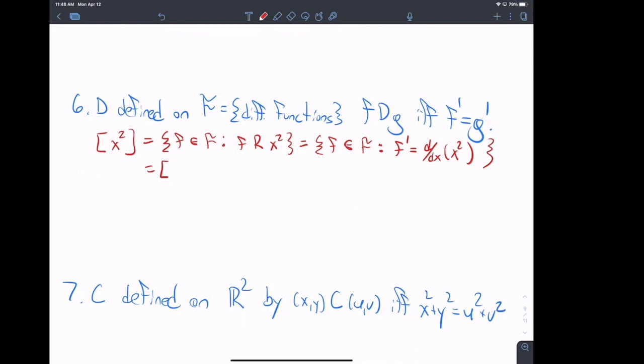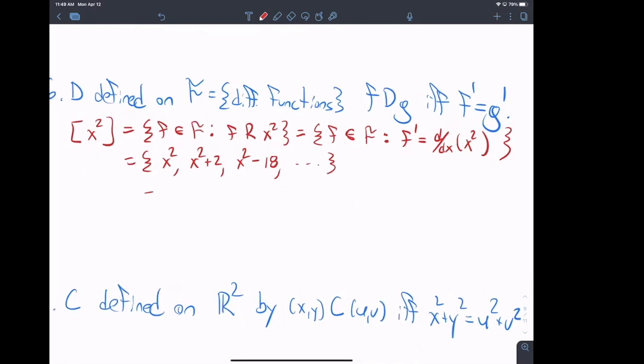So what's one element other than x squared that would be in this set? Can you think of another function that has the same derivative as x squared? X squared plus 2. Yeah, x squared plus 2, x squared minus 18, and so on. Anything that looks like x squared plus a constant.